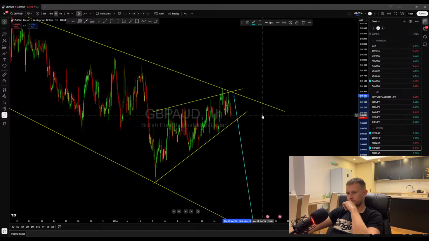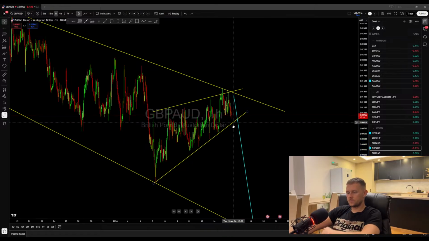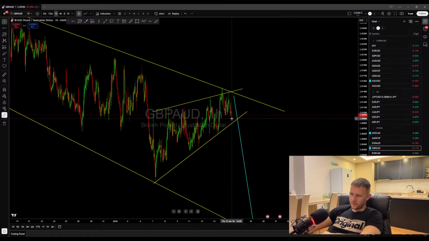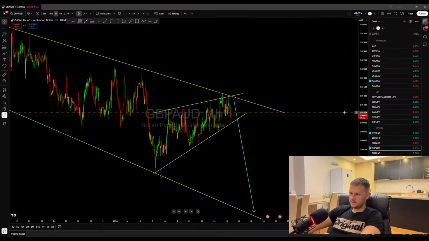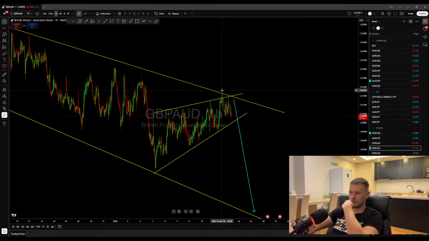This is my trade. If this will not break down aggressively, then I will close those trades at break even, and then I will sell again from the top. But I have to monitor it. Okay, so this is where I have my sells. This is something that we were talking about yesterday as well.